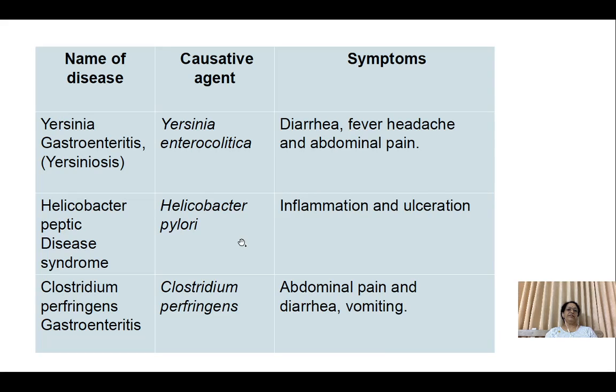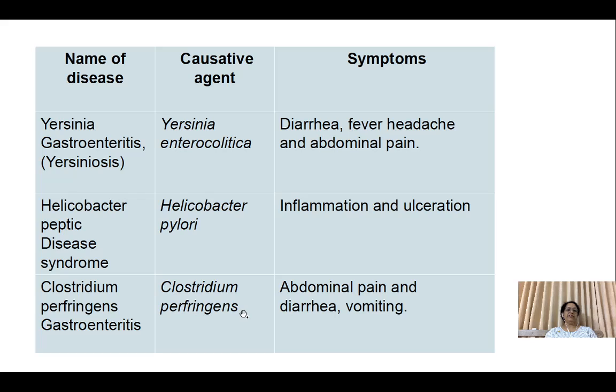Next causative agent is Helicobacter pylori. This one causes Helicobacter pylori peptic disease syndrome, where symptoms are like acidity, which leads to inflammation and ulceration of the gastrointestinal tract. Again, it is a highly painful condition.